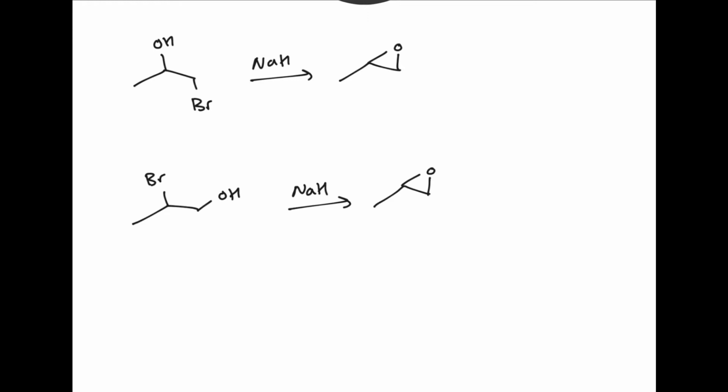Where it starts to matter is when we start involving stereochemistry. So let's say we have, we'll make it a chlorine. Here I've got my alcohol on a wedged bond.